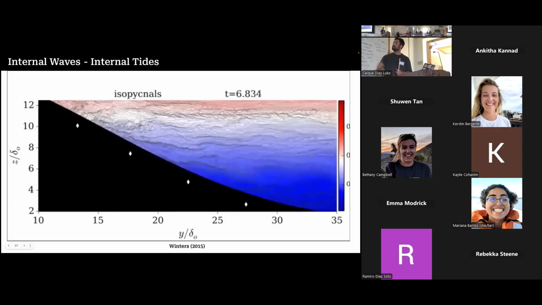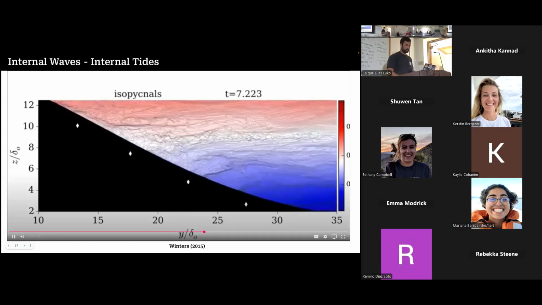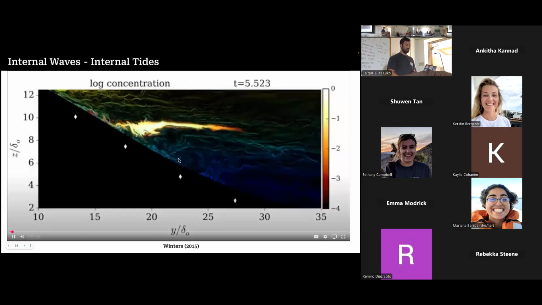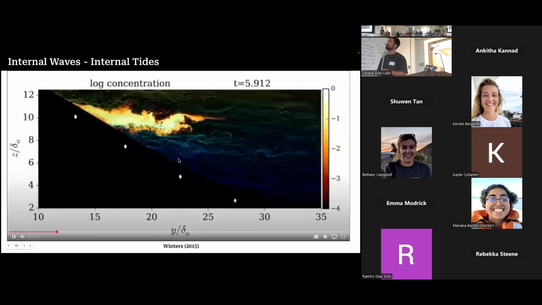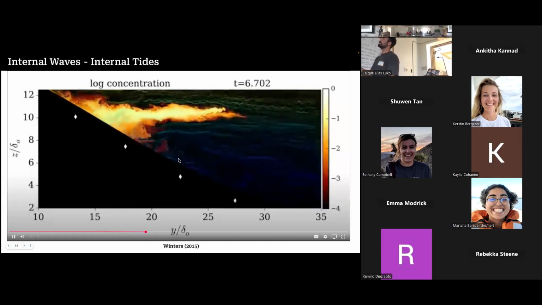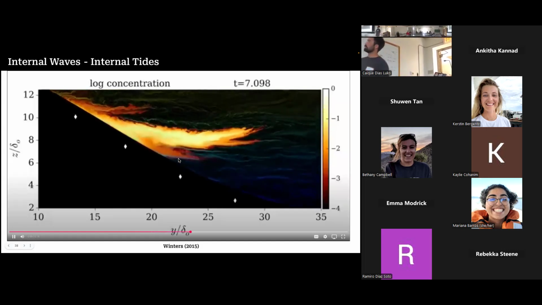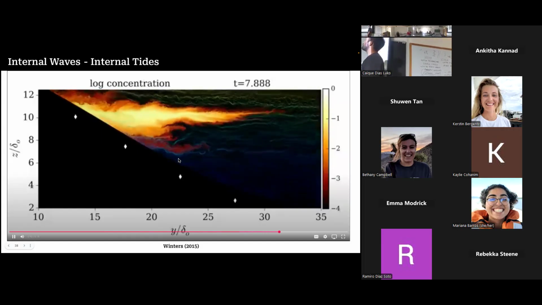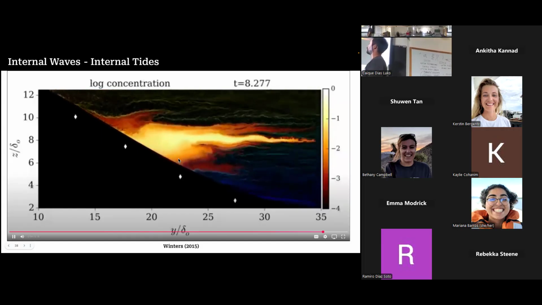So this is just showing the temperature and the isopycnals, but there's this other video here showing what it does to tracers. They include the tracers in the beginning of the simulation, and then they see how the internal tide breaking, all the overturns here, contribute to mixing a lot of these tracers.